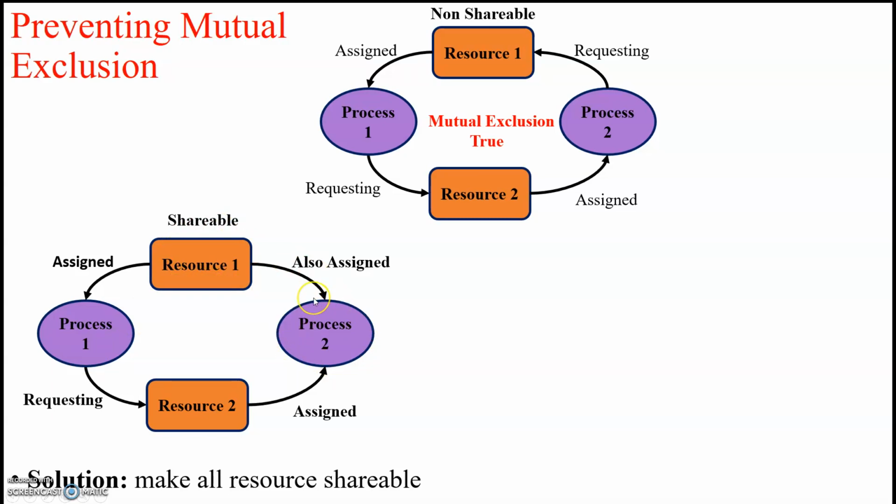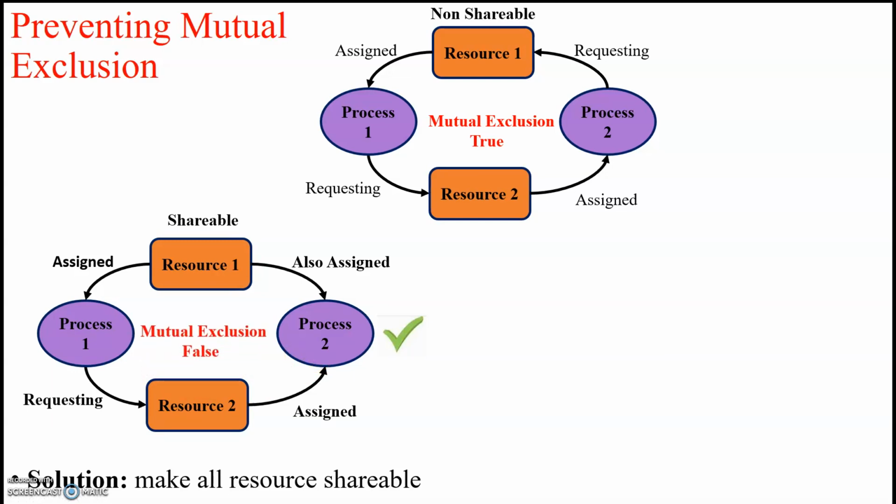And if process P2 wants to complete its execution, it requires two resources, resource 1 and resource 2. If all the resources required for execution are allocated to a particular process, then it can complete its execution. So process 2 requires R1 and R2 for completion, and they have been assigned to it, so process 2 can complete its execution.